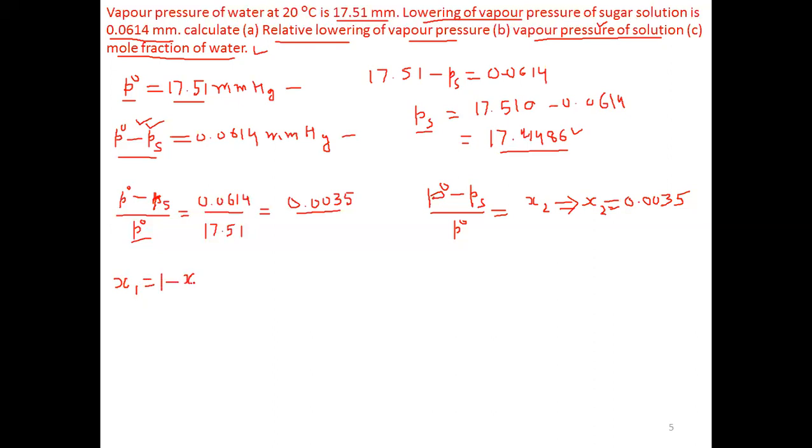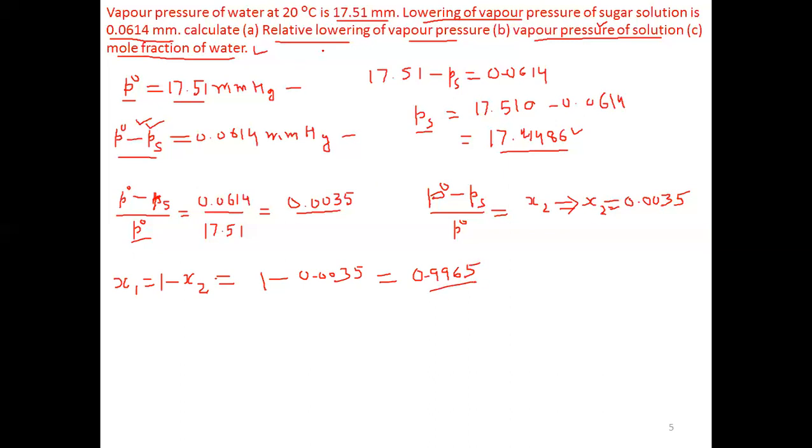Why? Because X1 plus X2 is equal to 1. So X1 is equal to 1 minus 0.0035, and the answer is 0.9965. This is the mole fraction of water that we have to calculate.